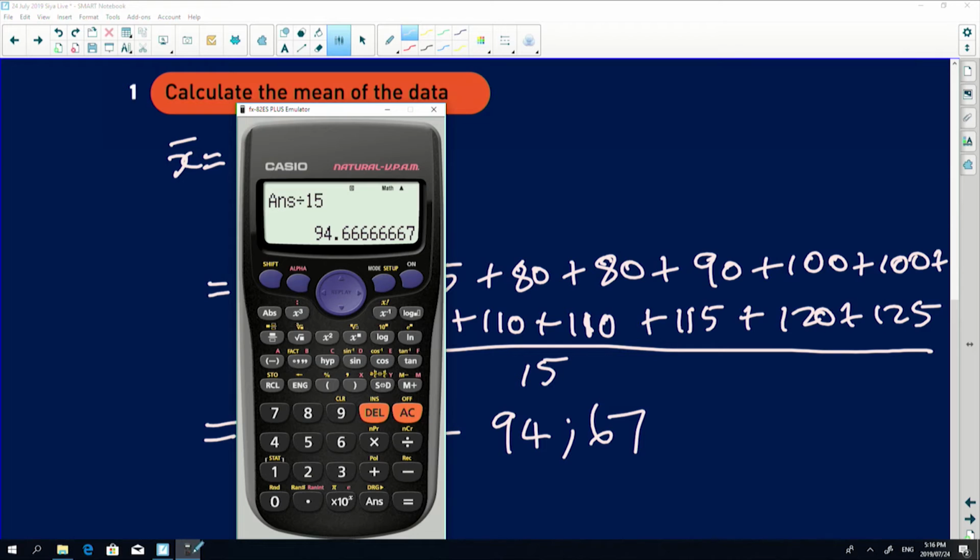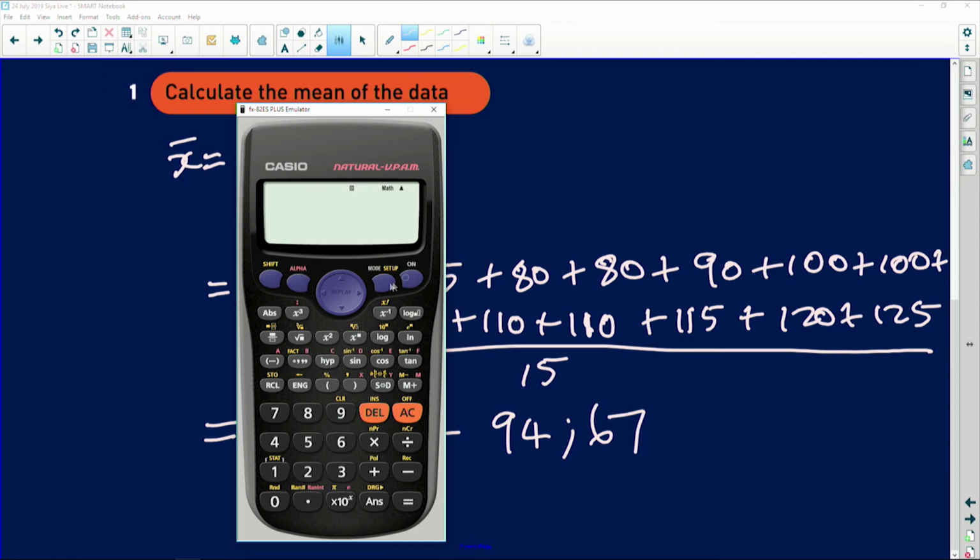On the calculator, first you need to make sure that your calculator is in stat mode. So you go to mode setup, you take option number 2, which is stats. Right now we're talking about 1-variable, because we're mentioning the issue of variance. Number 2 is all about regression, but we're still on number 1.